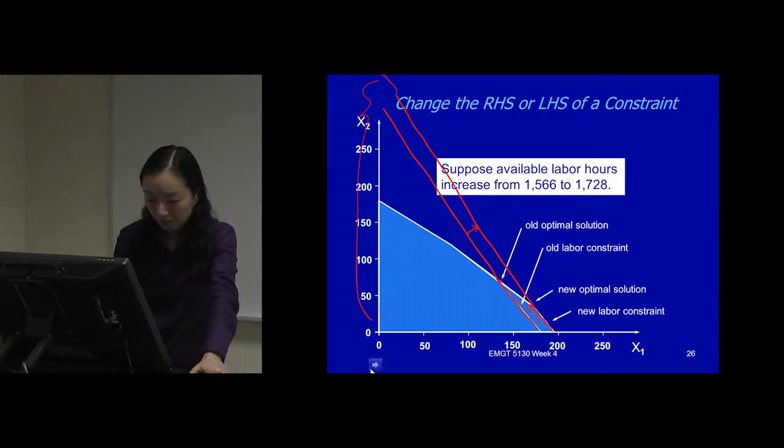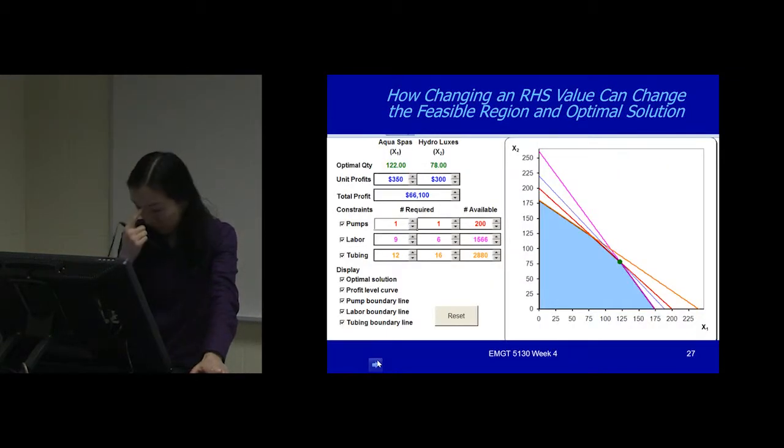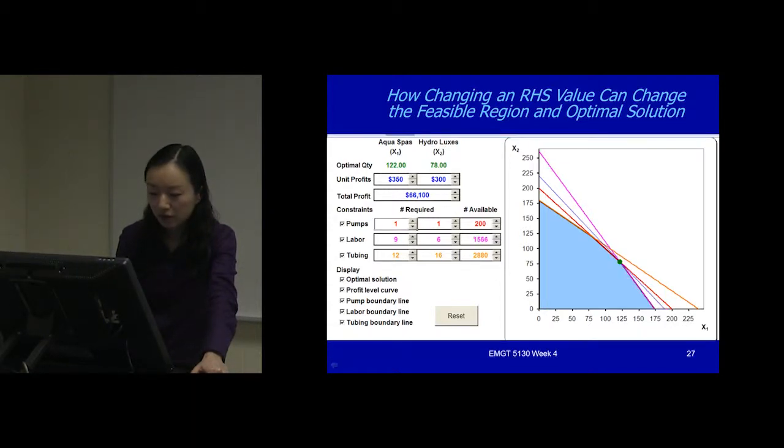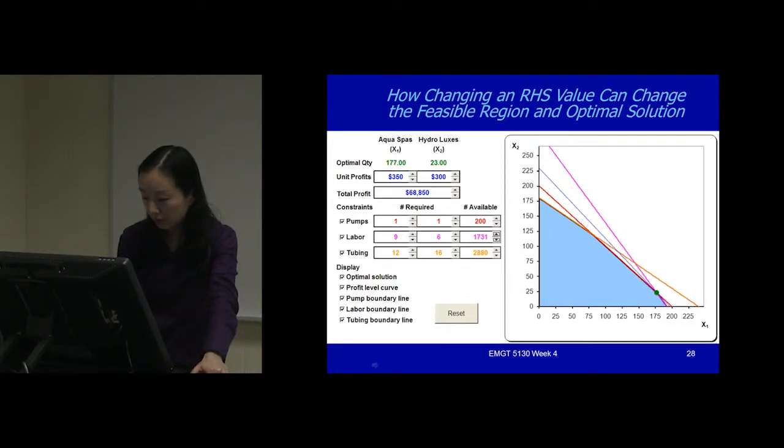Okay. So this is the graphical representation of how a certain right-hand side change affects the optimal solution, as well as the total profit. So originally, sorry, this labor hour is 1566, and when you change it to 17, the optimal solution moved to here.